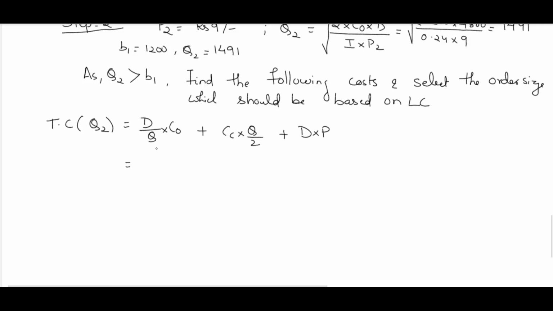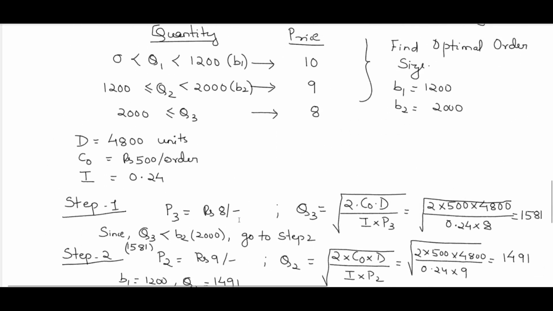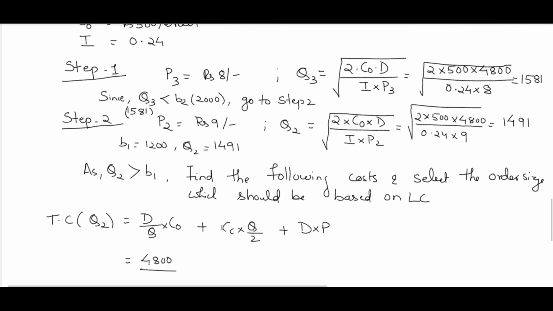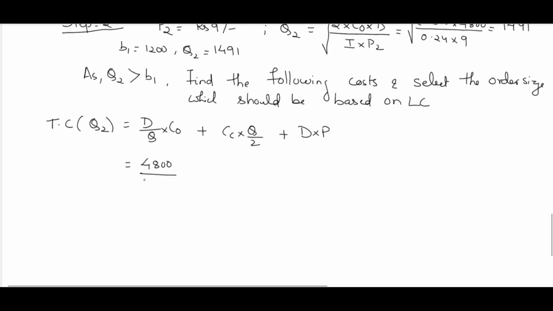What is the demand? Demand D is equal to 4800. In this case Q2 is 1491, into carrying cost.